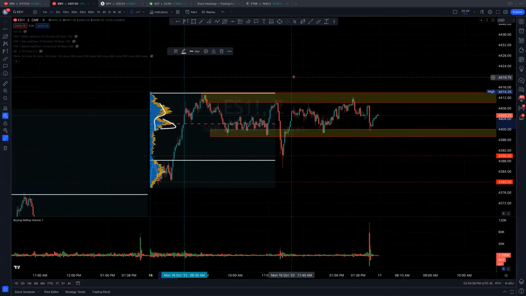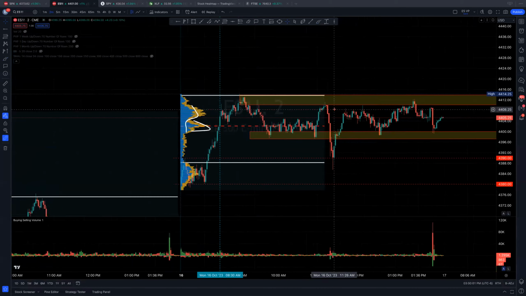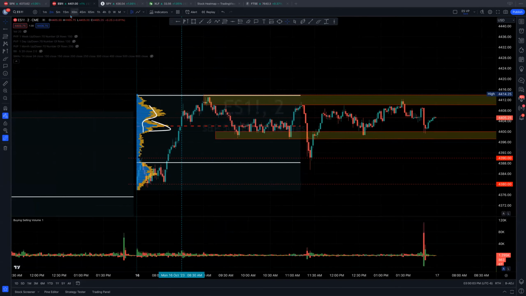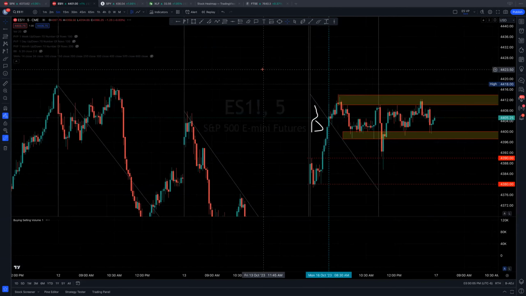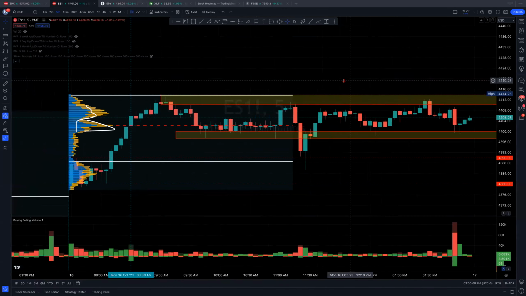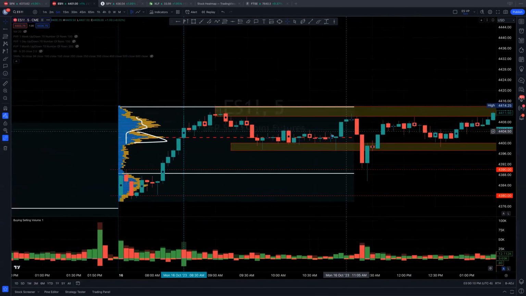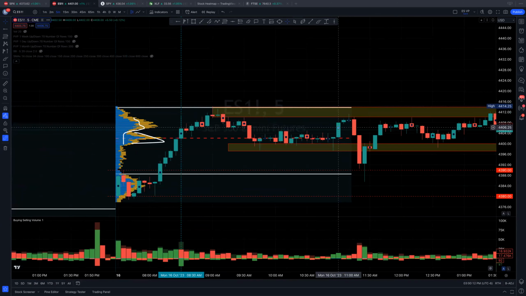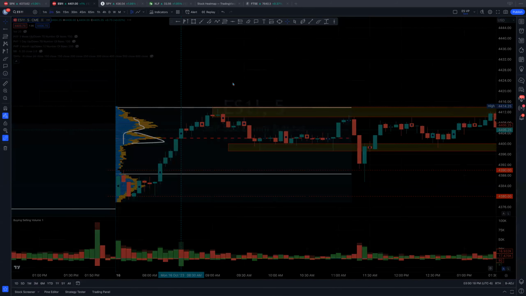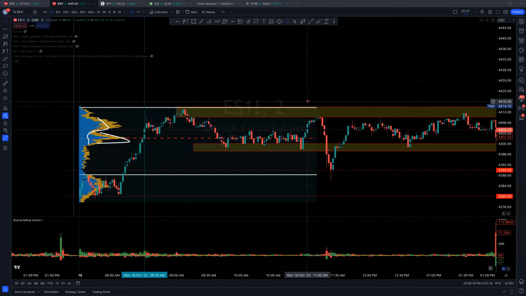Now, what tells us there could be a potential rejection? Price action itself here tells us. Why? You can see how here on the 5-minute, we have big momentum and then this sudden loss in momentum. And if you like to trade the 2-minute or 1-minute timeframes, you can see it on those timeframes as well.